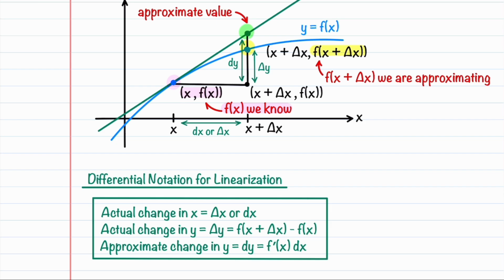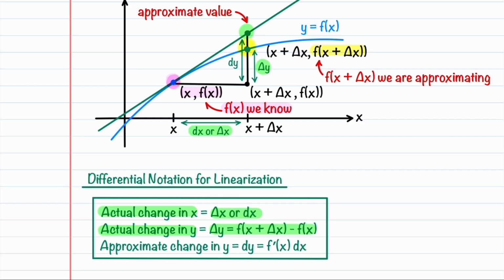When we use differentials, we focus on the change between this point here in yellow and this point here in pink. dx, or delta x, is the actual change in x. Delta y is equal to f of x plus delta x minus f of x, and that's the actual change in y.